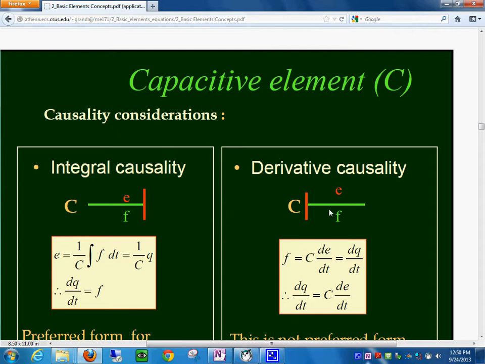For the C element, we have a little more of a challenge because this is the one that does integration.